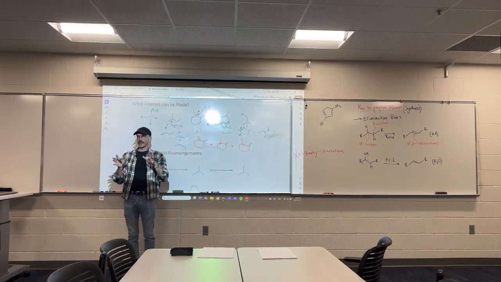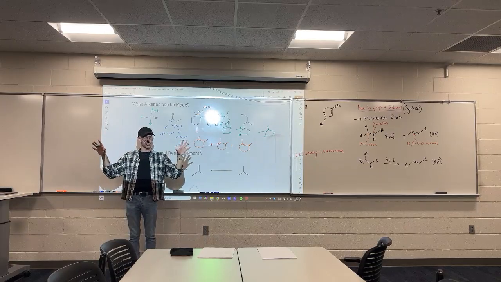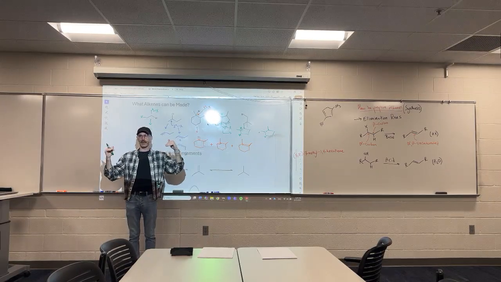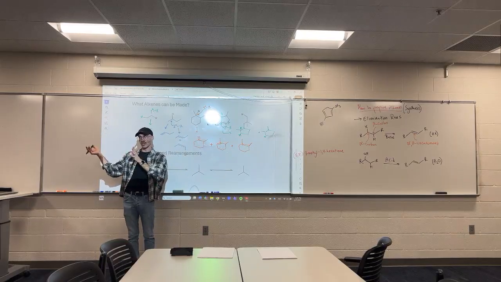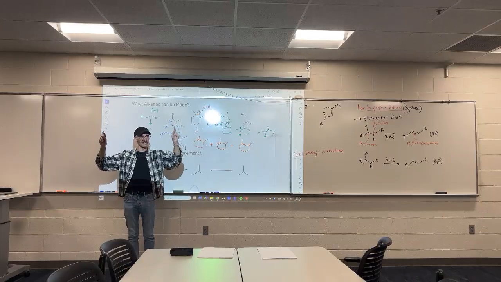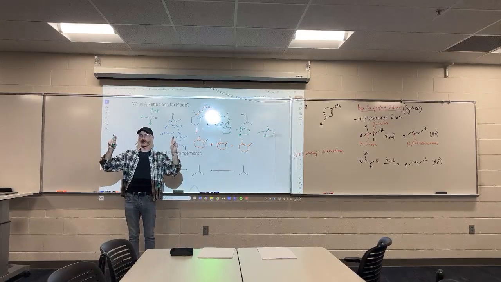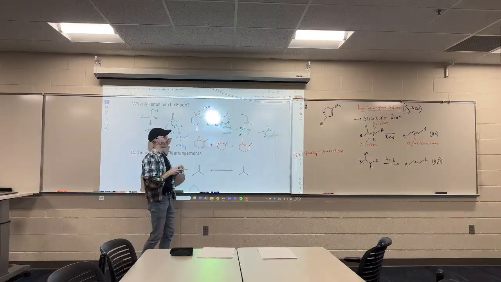Mapping is not just numbering one structure, it's numbering two structures where you're keeping positions the same. Numbering your carbons is good. Mapping your carbons from starting material to product is numbering the carbons in a specific way and then numbering them in that same way again in the product.